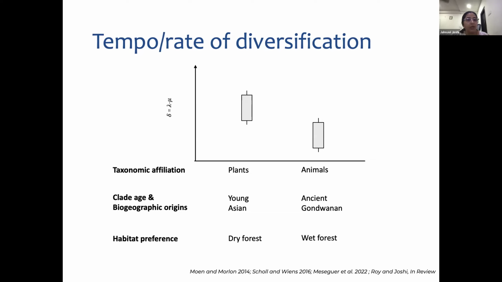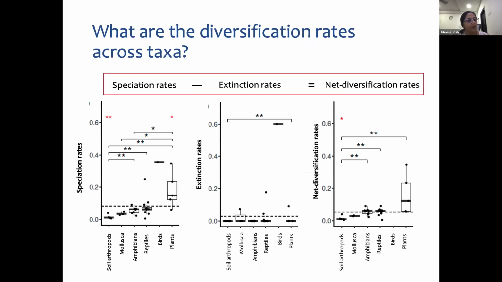And if it's true, they will have lower diversification rates as compared to the young Asian taxa, which have much wider niches. And secondly, if you remain in the wet forest and haven't diversified into the other forest, you will have a lower diversification rate, versus lineages occupying both wet and dry, which may have higher rates of diversification. So to test these predictions, we fitted constant birth death models to all 34 lineages.